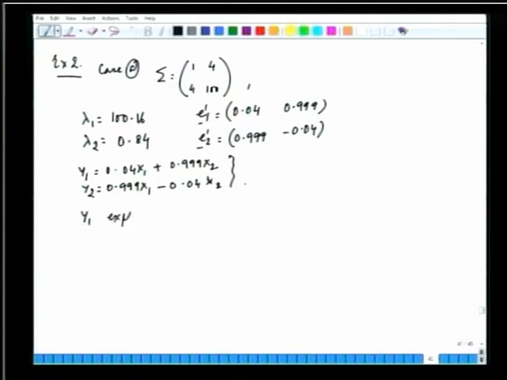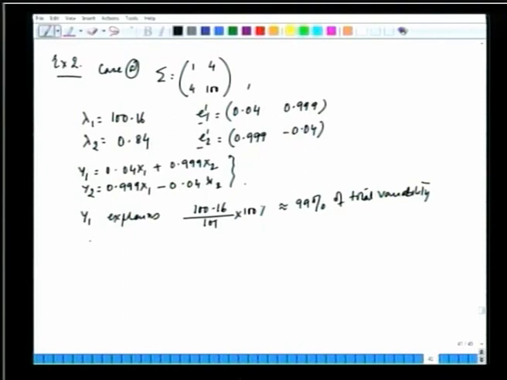It explains the first eigenvalue lambda 1 by the sum of it, which hardly makes any difference because I have 100.16 and 0.84 added to it, making this 101, times 100%, that is approximately equal to 99% of the total variability. And y2 explains the rest of it.